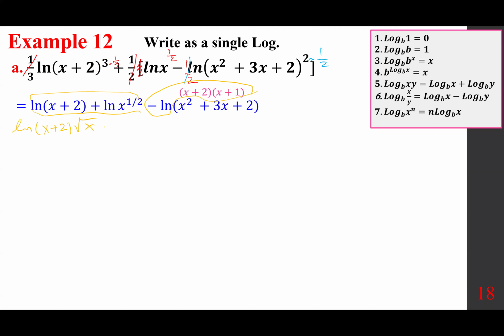So that now can be combined with this using the quotient rule and going from right to left. Ln of this over that. So ln of x plus 2 square root of x over this, which is x plus 2 times x plus 1.